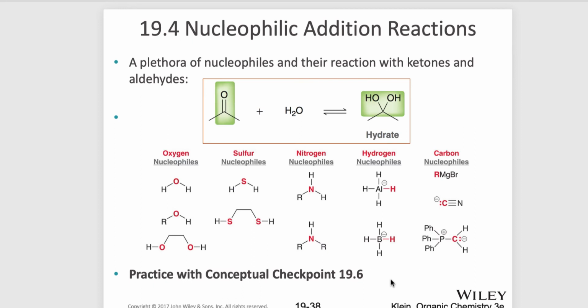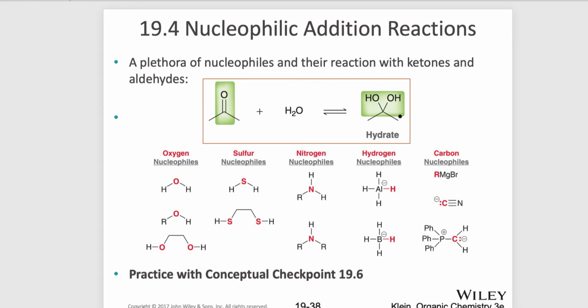basically, as we're looking at the carbonyl groups of aldehydes and ketones, they can react with really many different nucleophiles. And in the boxed area here, we see that water, which is not a strong nucleophile, can actually form a hydrate. There are certain factors that influence where the equilibrium lies and how readily the hydrate is formed.